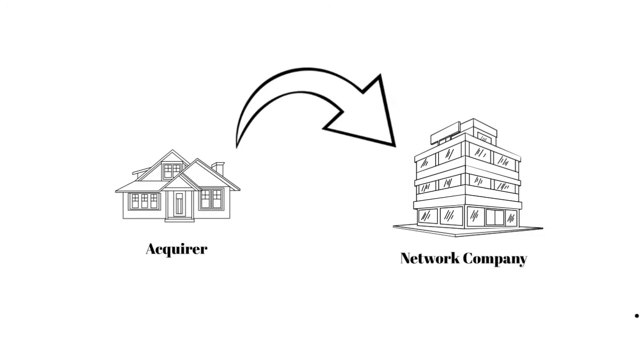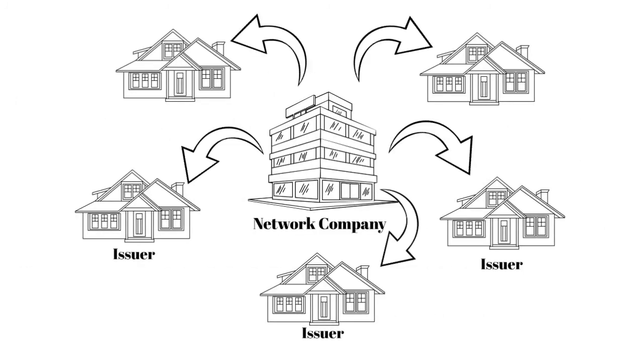And then in some time, the network sorts all the transactions worldwide and transmits a consolidated batch file to each issuer that is participating in the network. Upon receipt of the batch file, the issuer removes the authorization holds from the consumer account and debits the final transaction amount from their account balance.